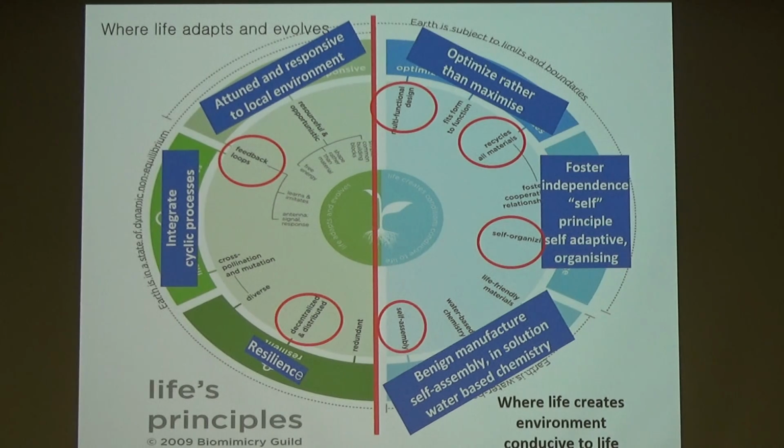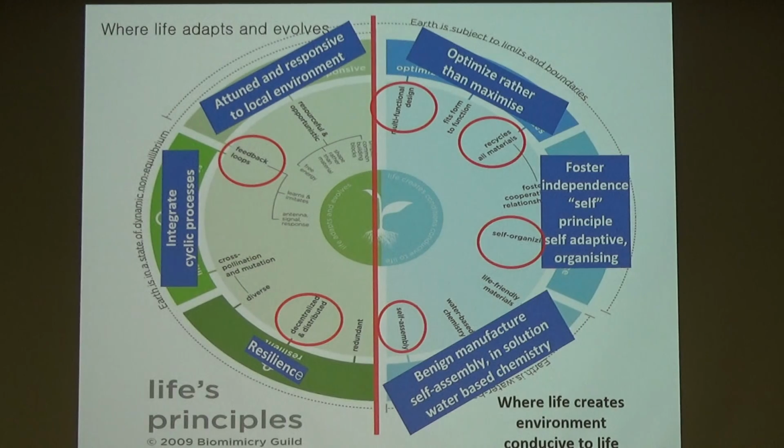They foster independence, this is really important. So this self-principle. Even what you think of as inanimate biomaterials can have properties of self. They can self-repair, they can redesign, reorganize autonomously.